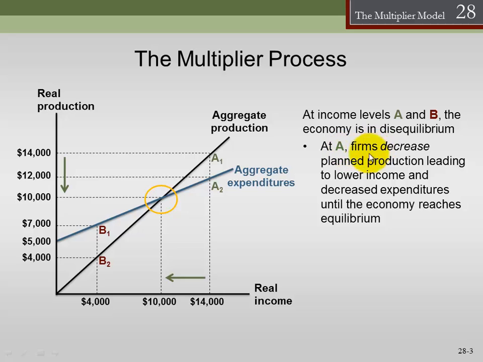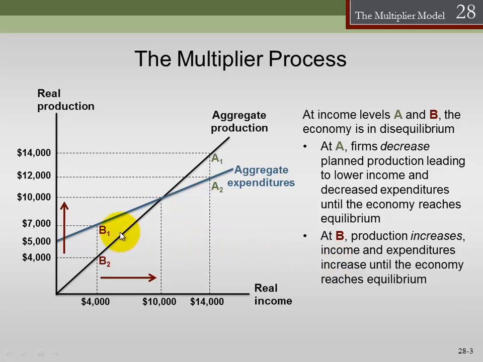At A, firms decrease planned production, leading to lower income and decreased expenditure until the economy reaches equilibrium. So we're here at A, producing more than what we want to buy. And because we're producing more than what we want to buy, what happens? Inventories increase. When inventories increase, businesses want to produce less, and that brings our income down to equilibrium.